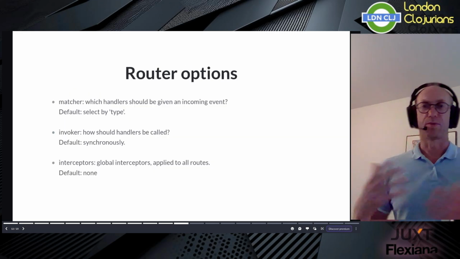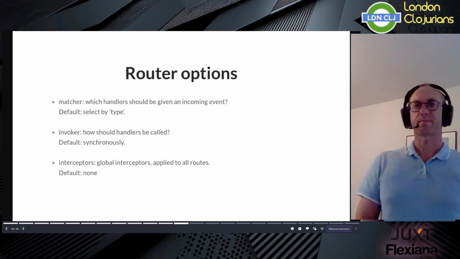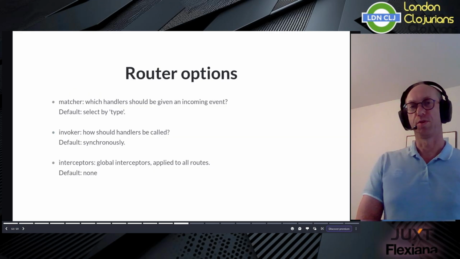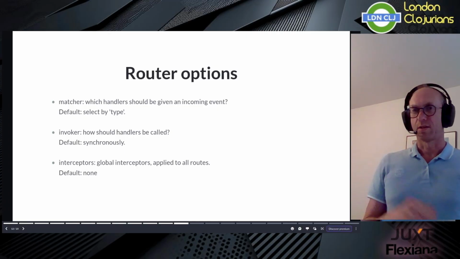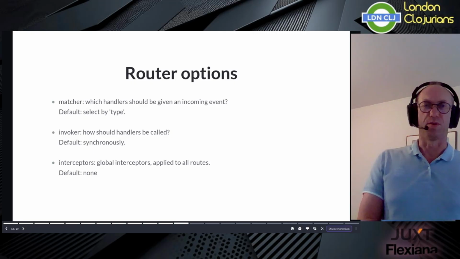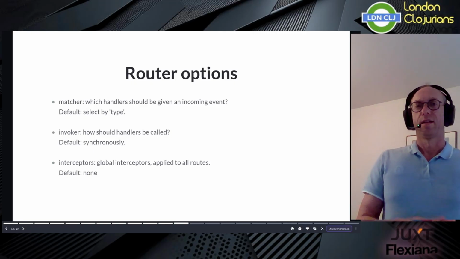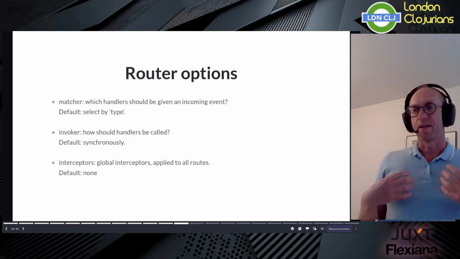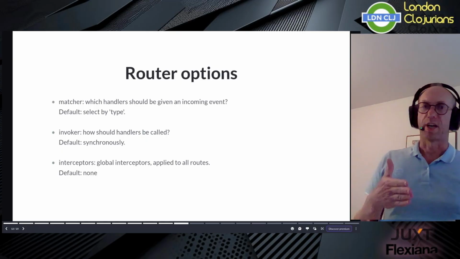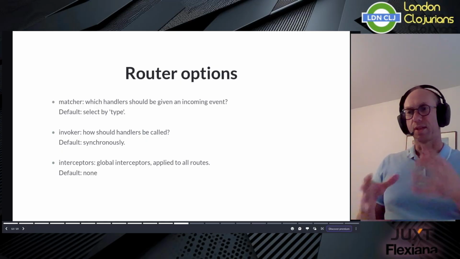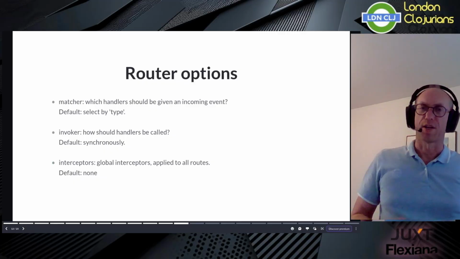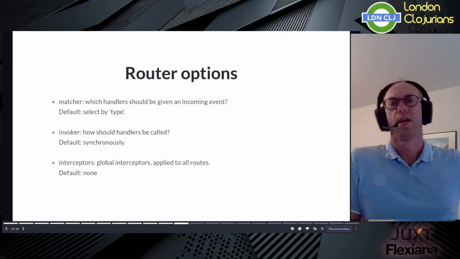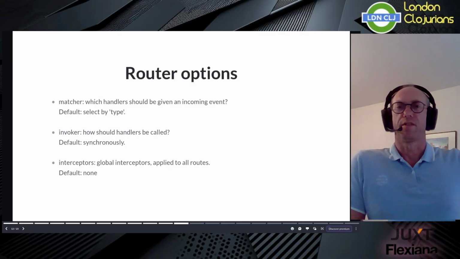So these three possible options. In the example, you saw that I specify an event type. That's not imposed on you. So again, the flexibility, you can do what you want. In my case, I tend to always have a type in my events, and that type is used as the property that will decide which handler needs to be given this specific event.